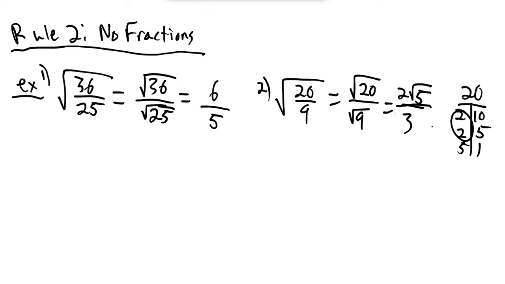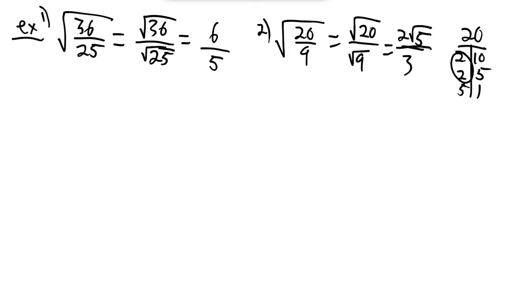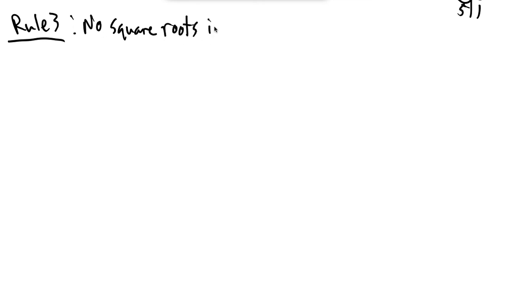All right, we're on to our final rule here. Final rule was no square roots in the denominator. So how do we get a square root out of the denominator?